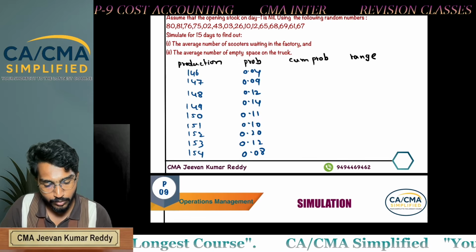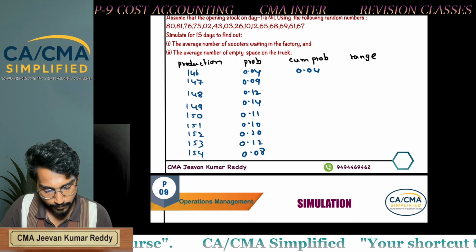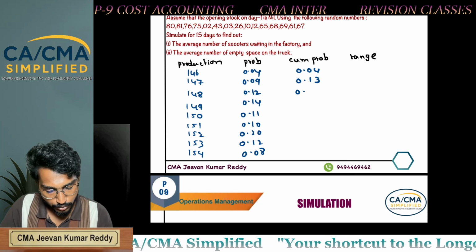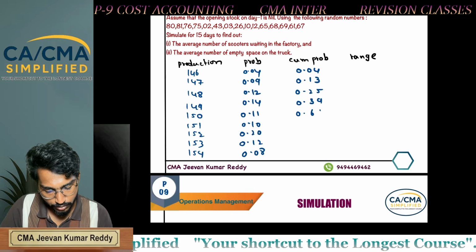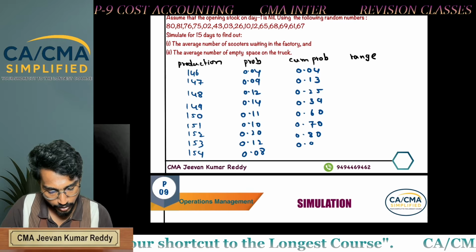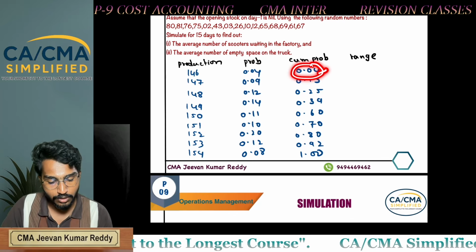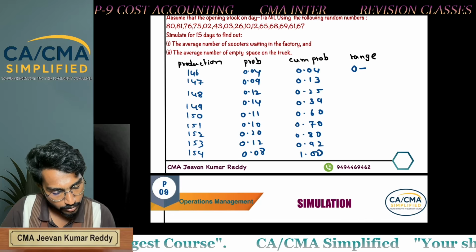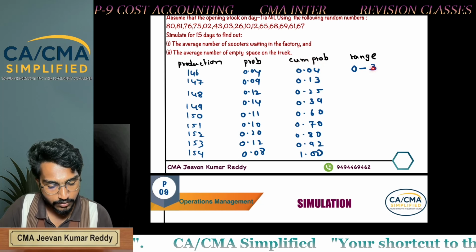Now cumulative probability. If you add one by one, you will get the cumulative probability: 0.04, 0.13, 0.25, 0.39, 0.60, 0.70, 0.80, 0.92, 1.00. Next, the range. Here 0.04 means 4%, so the range will start from 0 and end at 3.